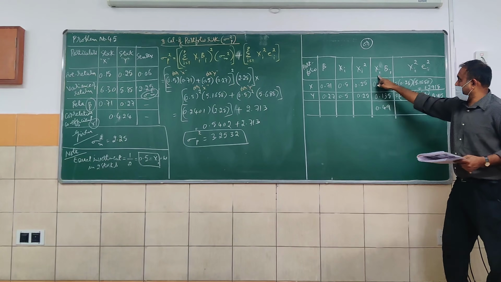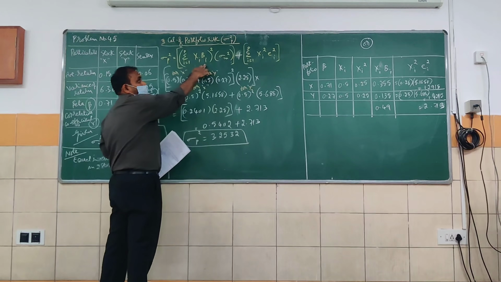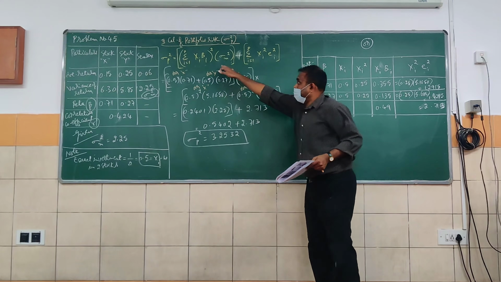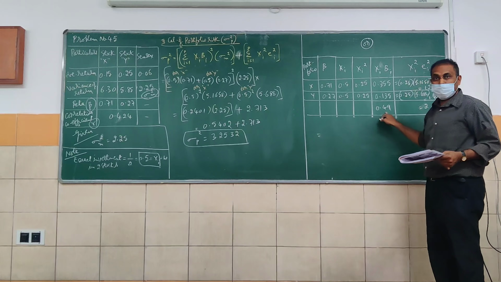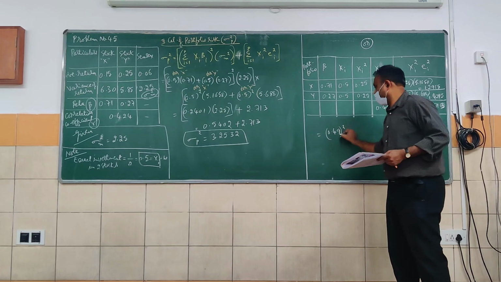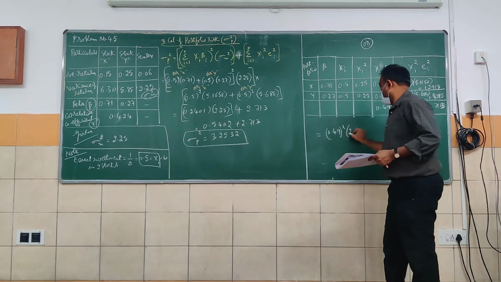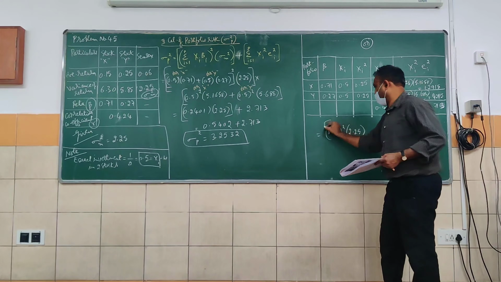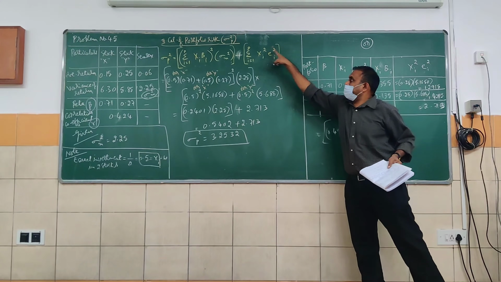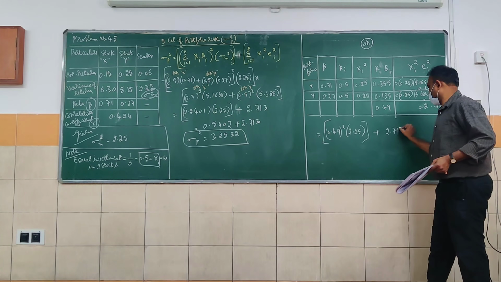So this Xi into Bi we have here, remember? Xi into Bi square. Okay. Xi into Bi is 0.49 square multiplied by 2.25 plus same value we have got for this Xi square into Ei square, same 2.713.